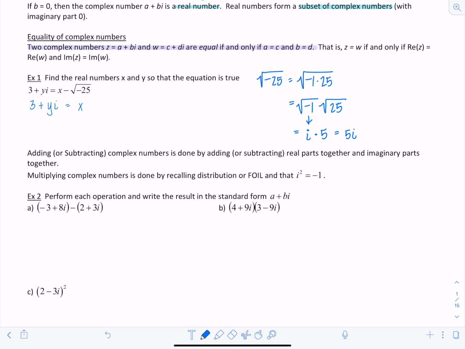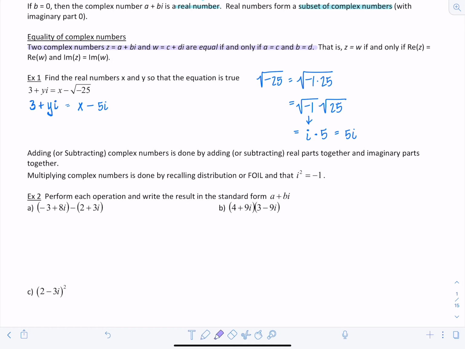So this is just 5i. So I have x minus 5i. Basically, if you're taking the square root of a quantity and the radicand is negative, you just take the square root like you normally do and just throw an i in your answer. You see? So 3 plus yi equals x minus 5i.